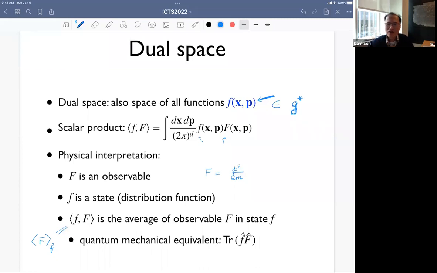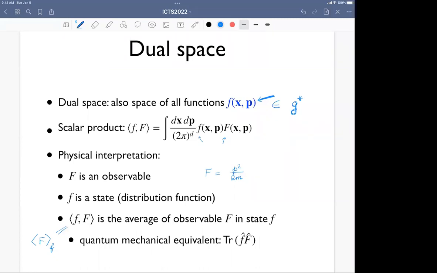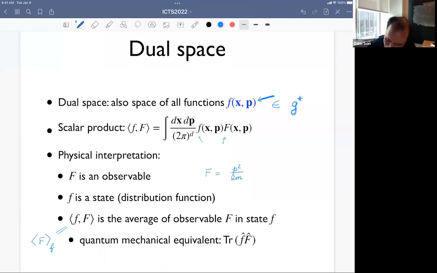I guess it's natural because it's equivalent to the quantum mechanical equivalent. And the interpretation of this function f as a distribution function is natural. Mathematically I don't need this, so maybe that is actually not that important.